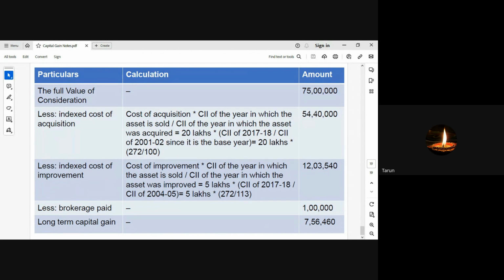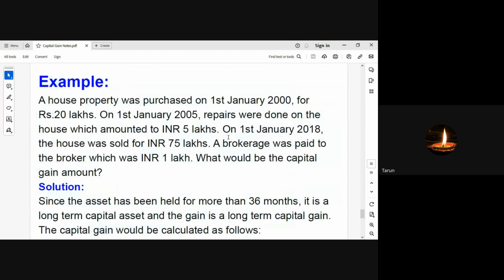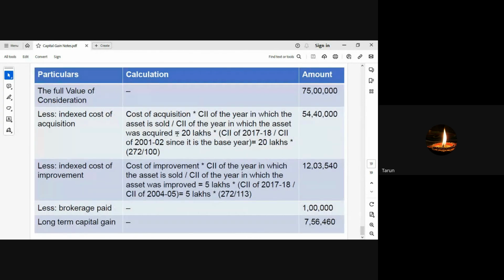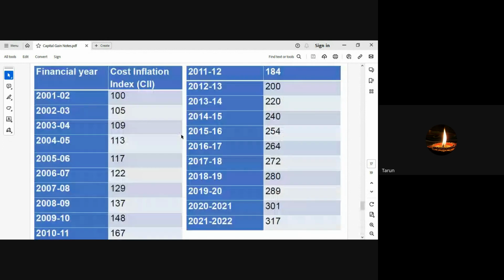Acquired means the asset was purchased. The cost is 20 lakhs. If any asset has been bought before 2001, the cost inflation index would be that of 2001-02.